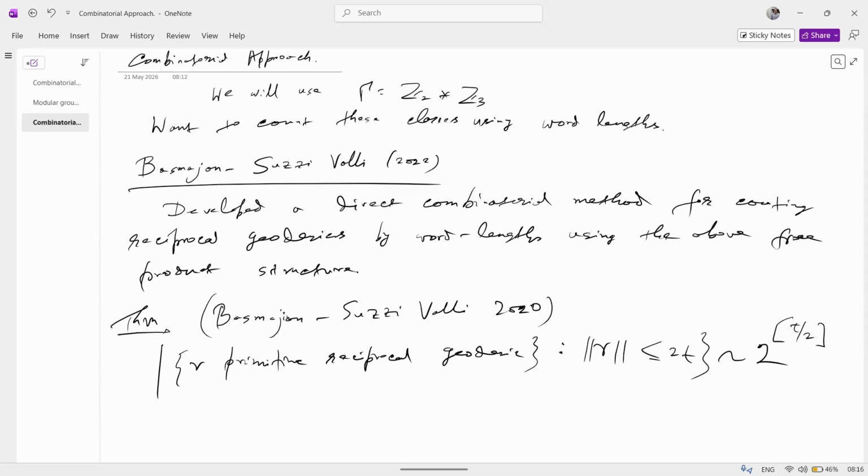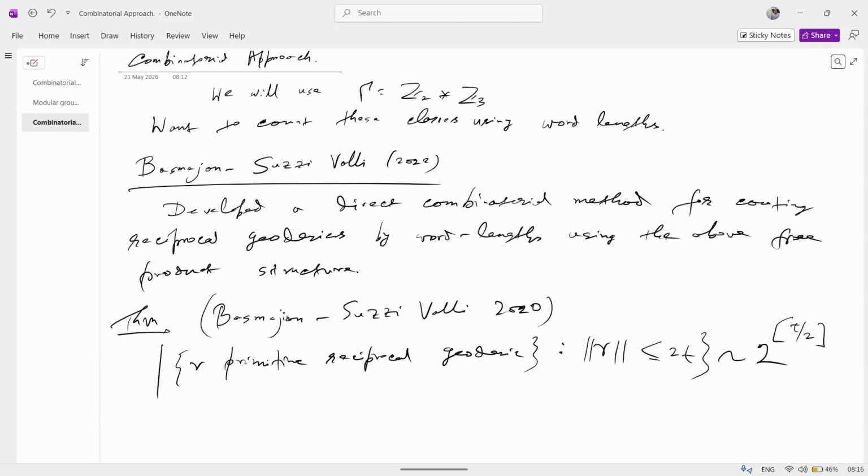Now, I must mention here briefly what the word length is. In combinatorial group theory, a word is called cyclically reduced if all its cyclic permutations remain reduced, and corresponding to every cyclically reduced word, you have the concept of a word length.